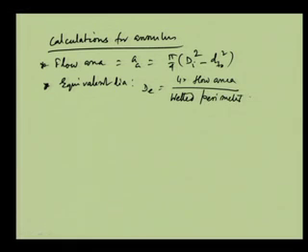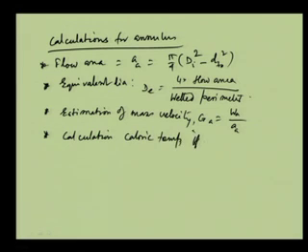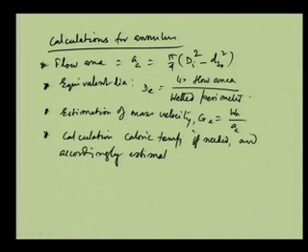Okay. And then estimation of mass velocity GA, and that will be equal to W annulus by A annulus. Then calculation of caloric temperature if needed, and accordingly estimation of thermophysical properties.